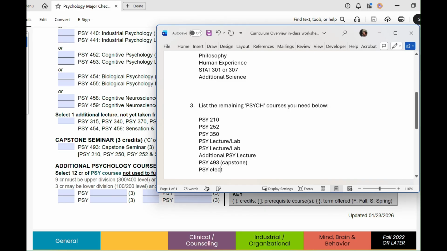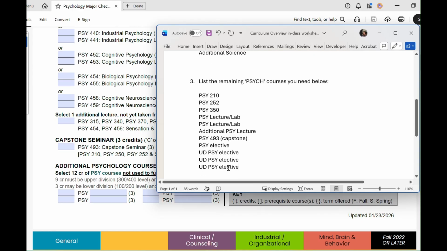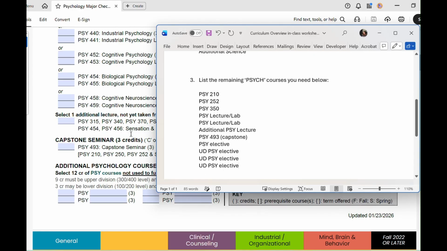Remember, the first one can be lower division, but the other 3 must be upper division. I am denoting upper division here with UD, which stands for upper division. This highlights the remaining psychology requirements that Cam the Ram needs in order to graduate.